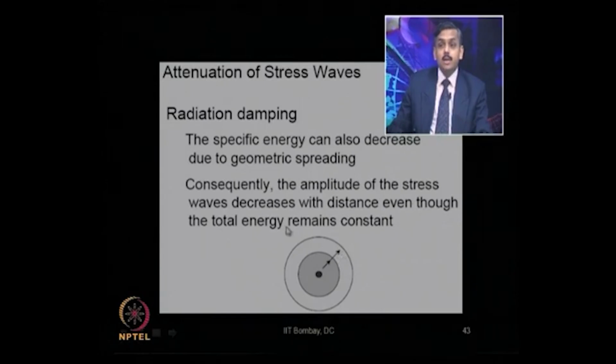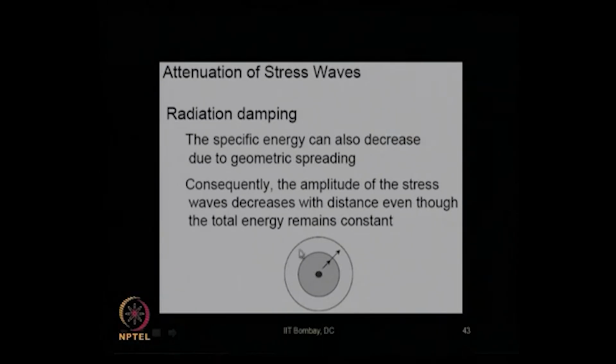What will vary for a particular site from the source point of the earthquake is the material damping or viscous damping. And of course, this radiation damping also plays a significant role in the stress amplitude reduction when we talk about the distance it travels from the source point to the site of our interest.